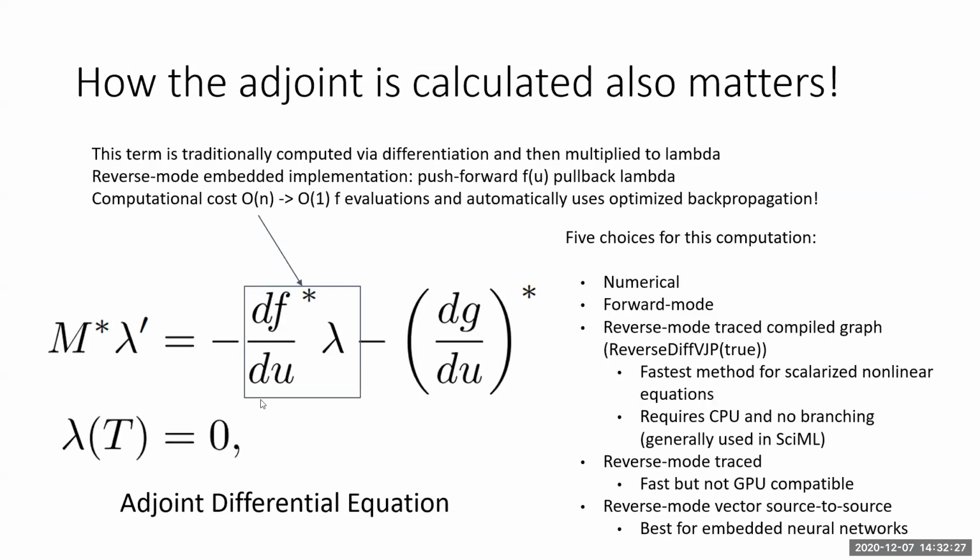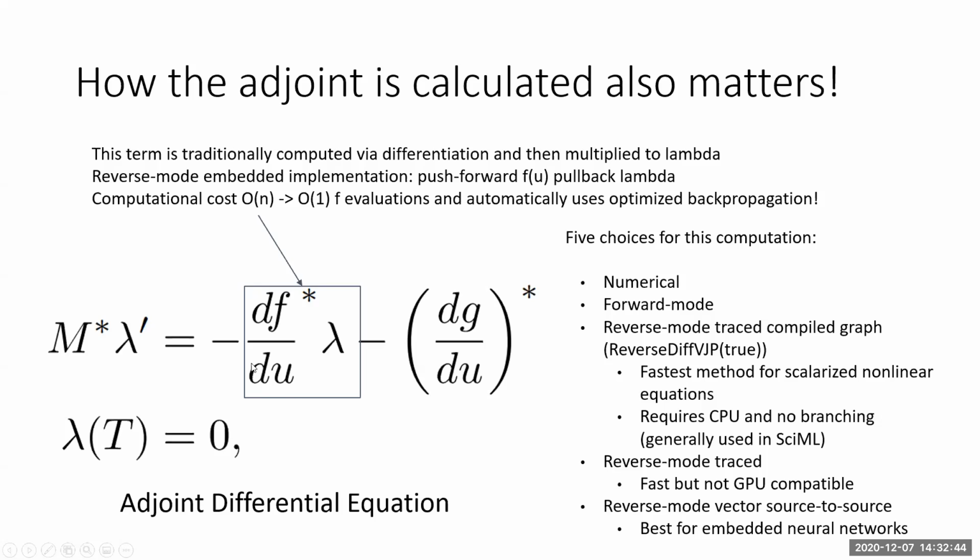And one last little detail to throw in there about how the neural networks that are embedded are actually trained is the fact that a vector Jacobian product itself is the primitive of reverse mode automatic differentiation.